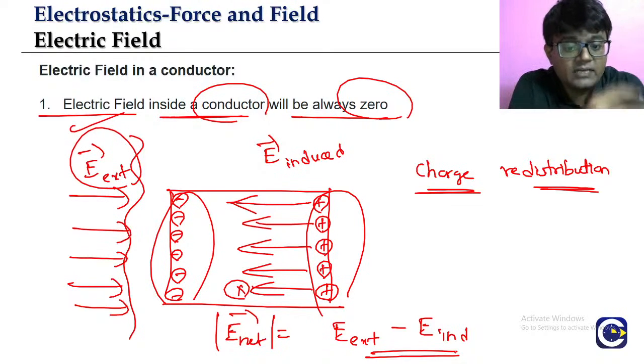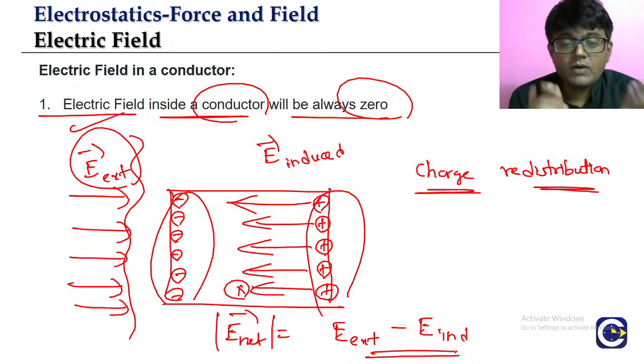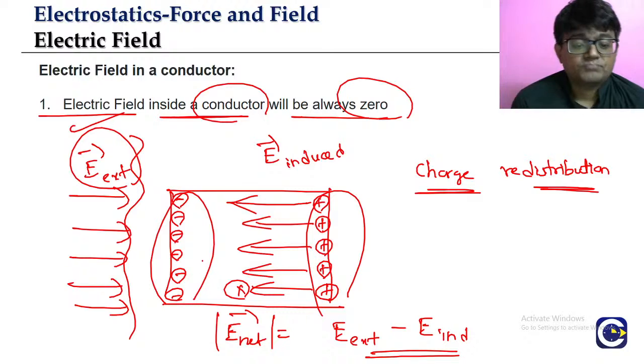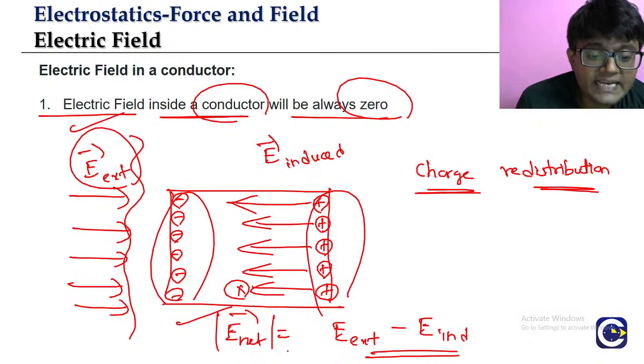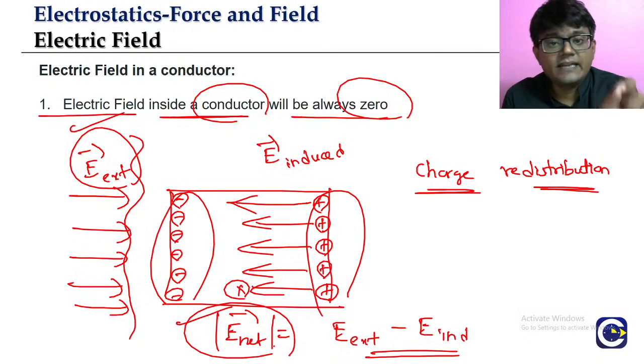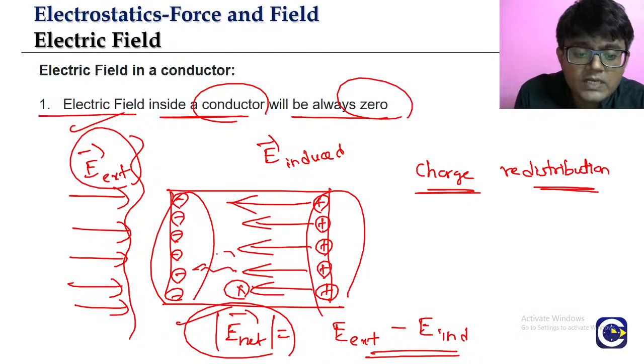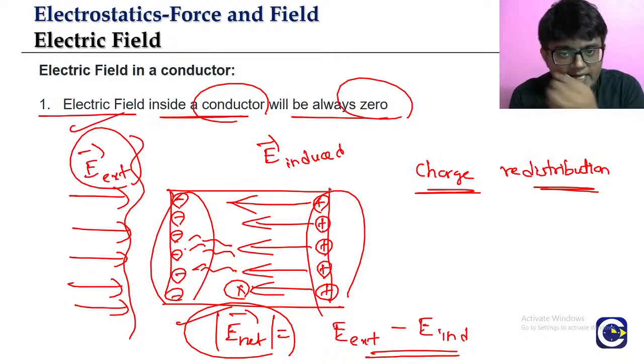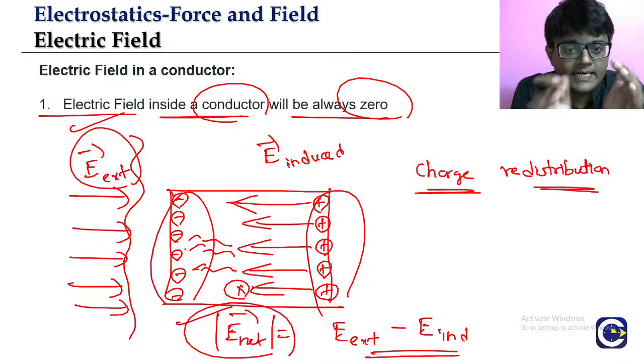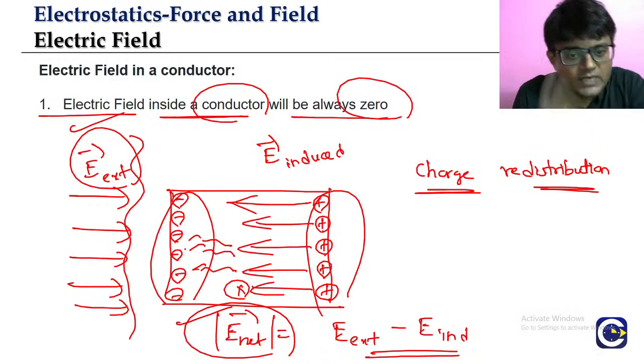So we have to say higher minus lower. Now understand this carefully. Inside the conductor, if there is a net electric field, then the electrons will keep moving.